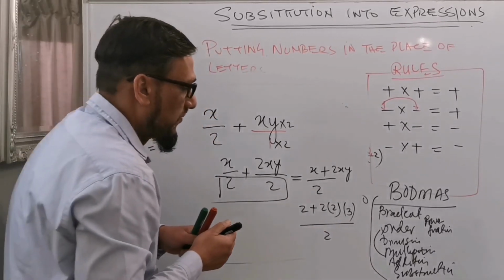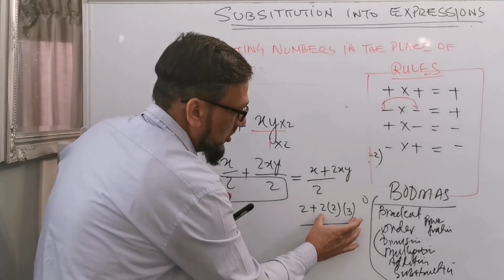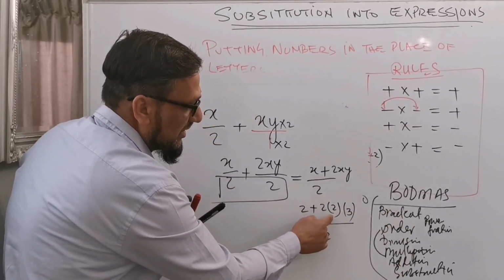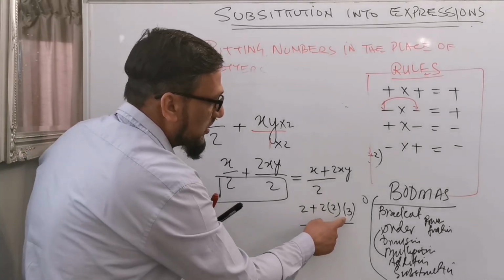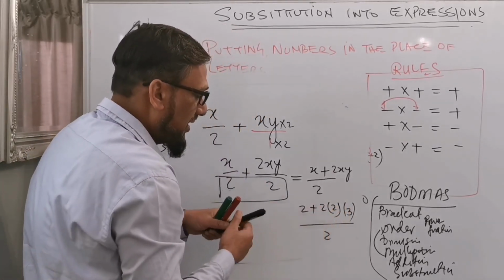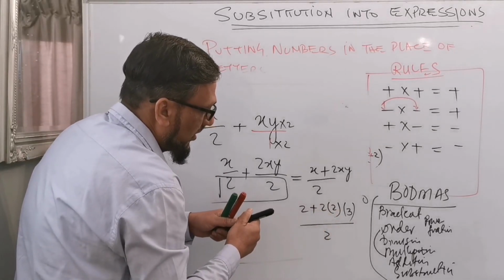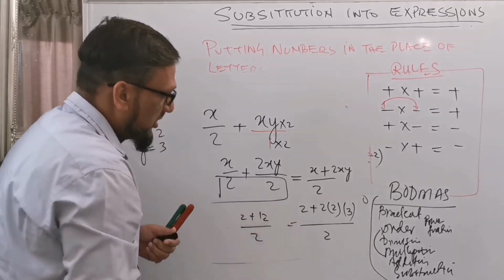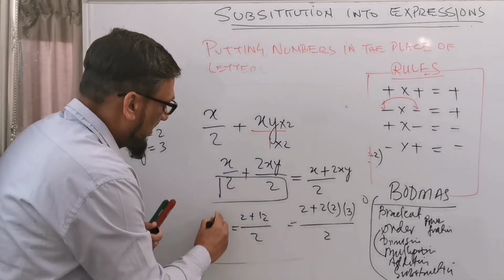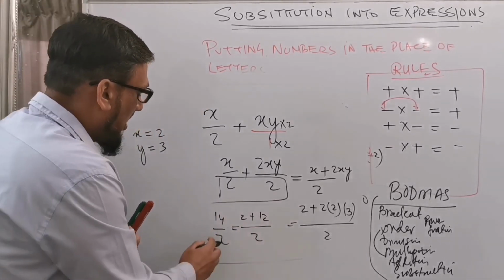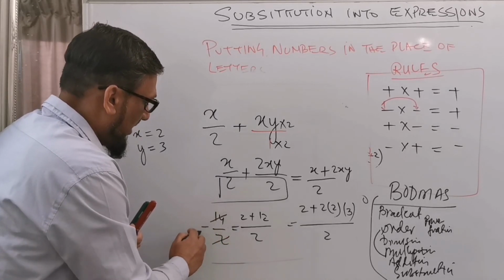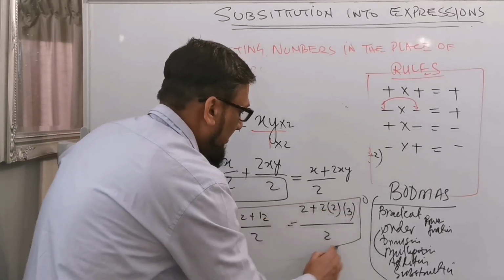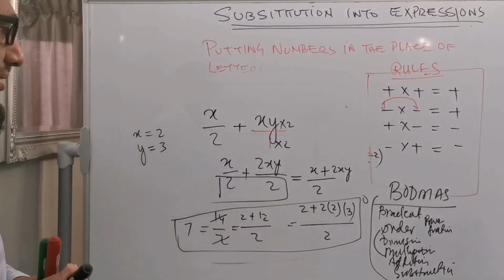First we need to do the times, as per BODMAS. 2 times 2 is 4 and 4 times 3 is 12. So the answer is 2 plus 12, that is 14 over 2. The answer will be 7. So this is your final answer.